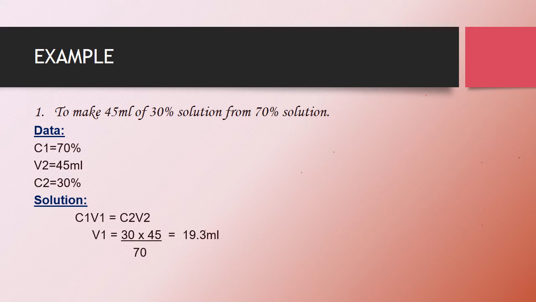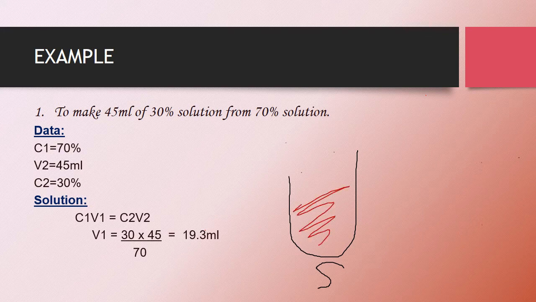This means that we have a stock solution which is 70% in concentration, and we have another solution which is the final solution we are preparing.